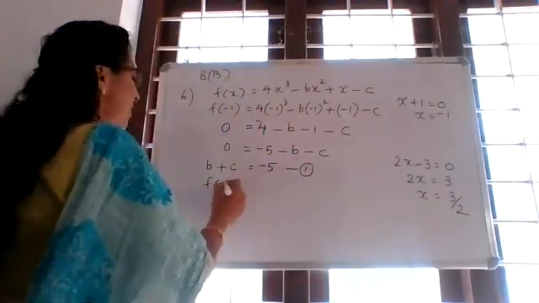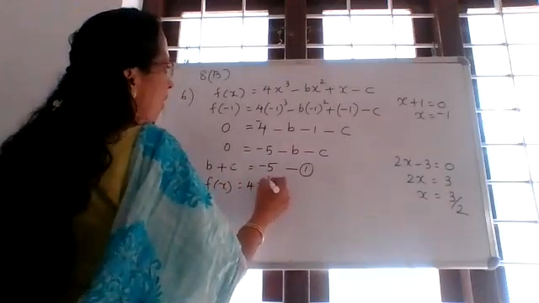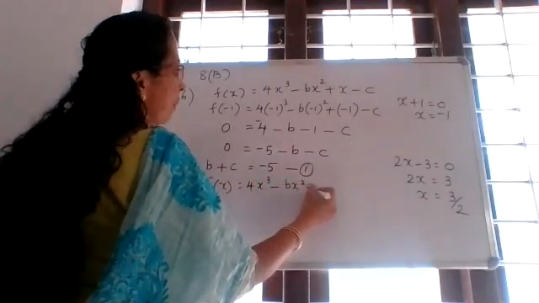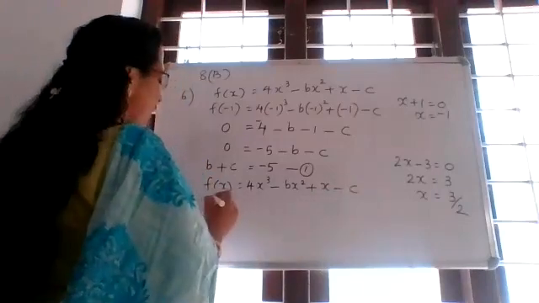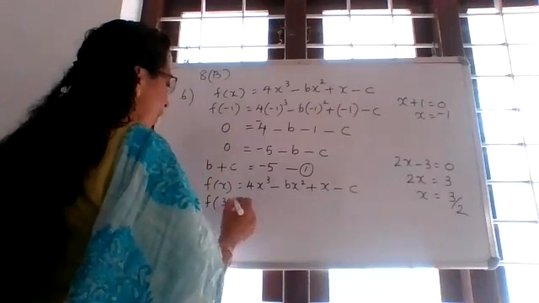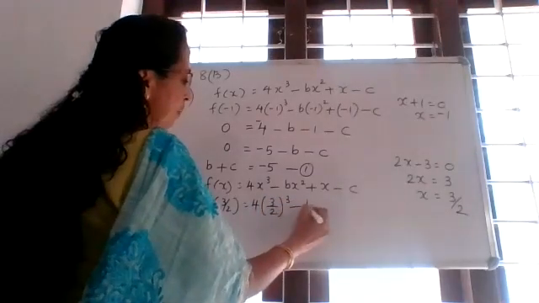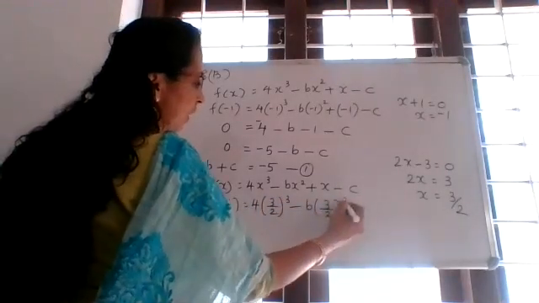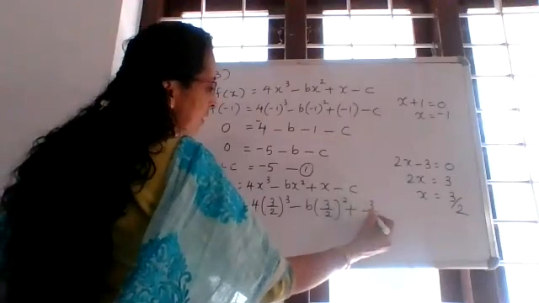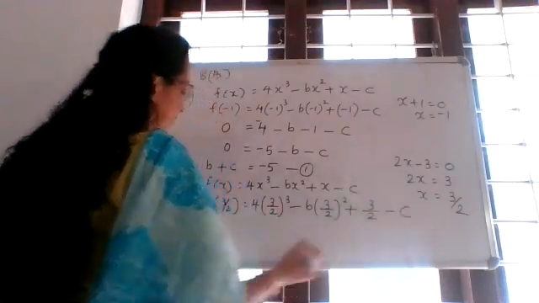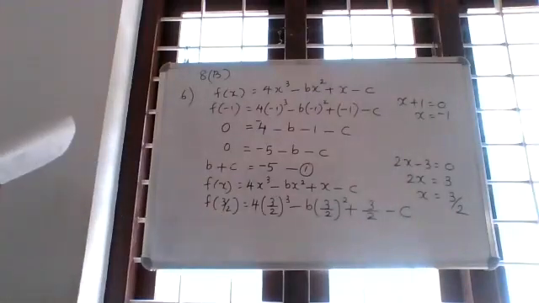Again, write f(x) = 4x³ − bx² + x − c. Replace x with 3/2: 4 into (3/2)³ minus b into (3/2)² plus x as 3/2 minus c. Given remainder is 13 when divided by 2x − 3.